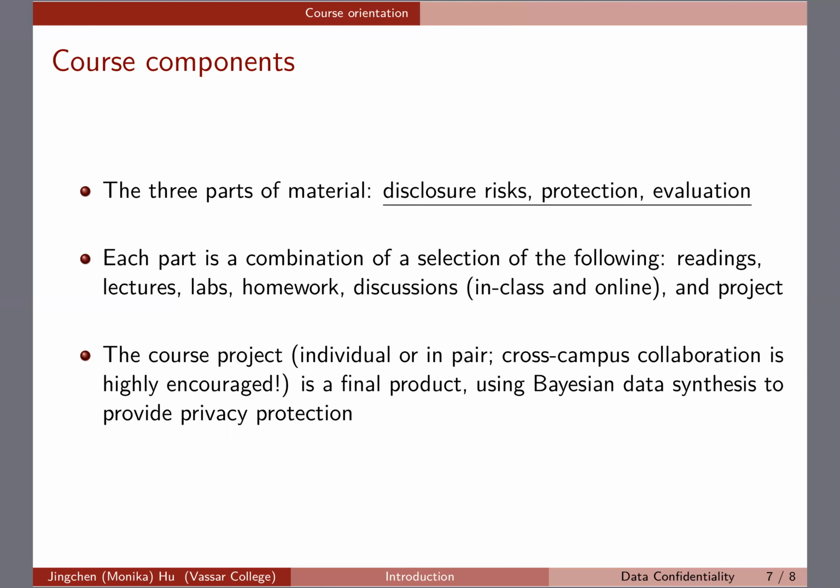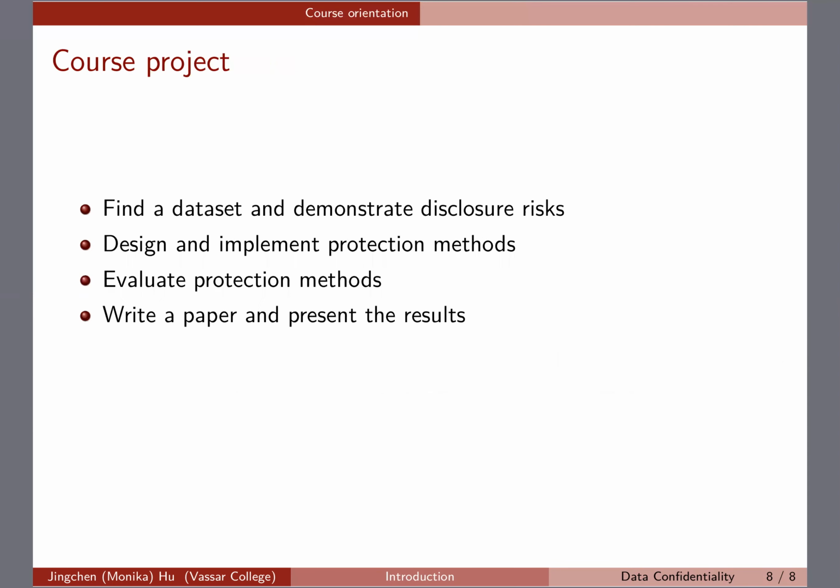Okay. They're loosely defined now, but as we go on, I think you will gradually get to know what we care about, how can we do the modeling, and how can we make sure that our methods work. All right, so in general, I think the project, the flow is you find either individually or in a pair, find a data set anywhere, like any type of data set you think of that interests you, and you can demonstrate the disclosure risk exists in that.